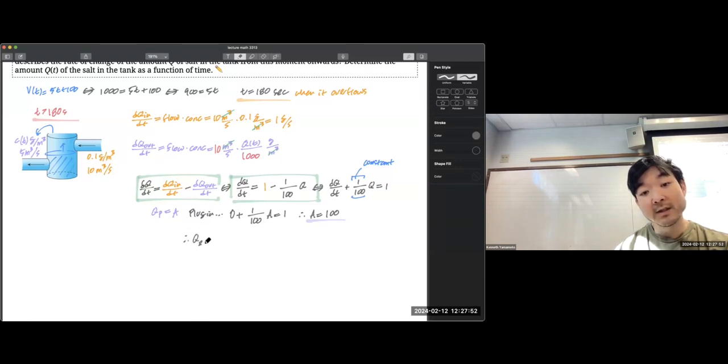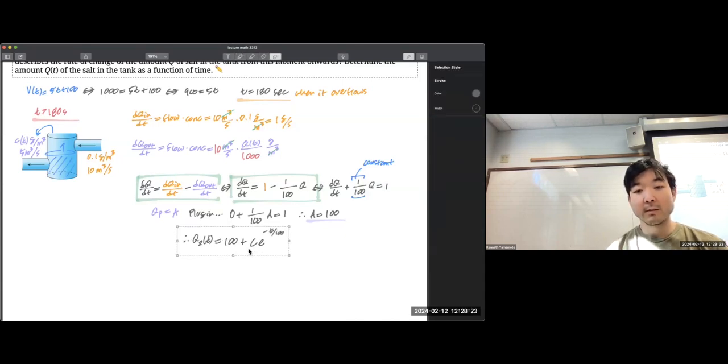I'm going to label this as Q2, Q1 being before it overflowed, and Q2 being the salt concentration after overflow. It's going to be the 100, which is the particular solution we just found, plus C times the negative of this 1 over 100 right here, so it's going to be negative t over 100.